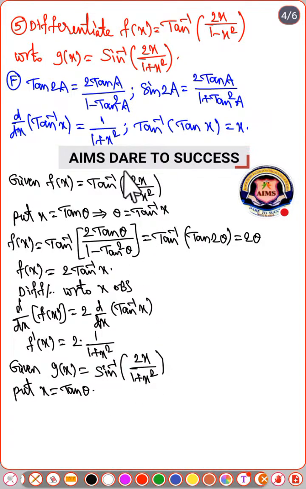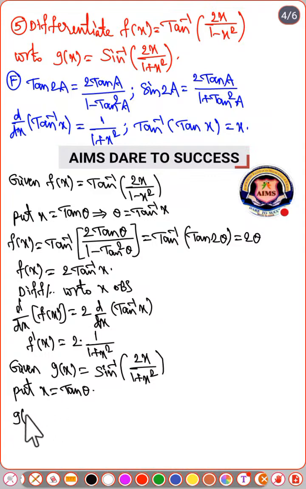When you have functions like these, you can substitute x equal to sin theta, x equal to cos theta, or x equal to tan theta. You must remember that for these functions, tan inverse of 2x by 1 minus x square and sin inverse of 2x by 1 plus x square, we put x equal to tan theta.